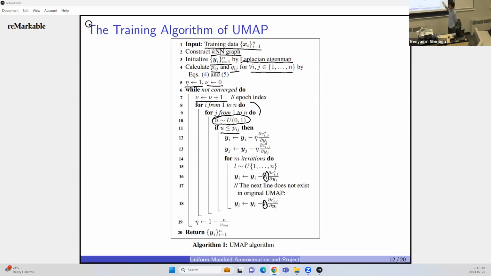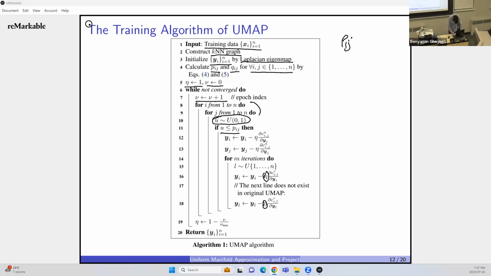If it is greater than Pij, it means that Pij doesn't happen. So basically, if we have a probability Pij, we want to implement it in code on a computer. One technique is this: we sample a uniform variable between 0 and 1, and we have the value Pij. If it is less than Pij, it means that it has happened. Otherwise, no, it hasn't happened.